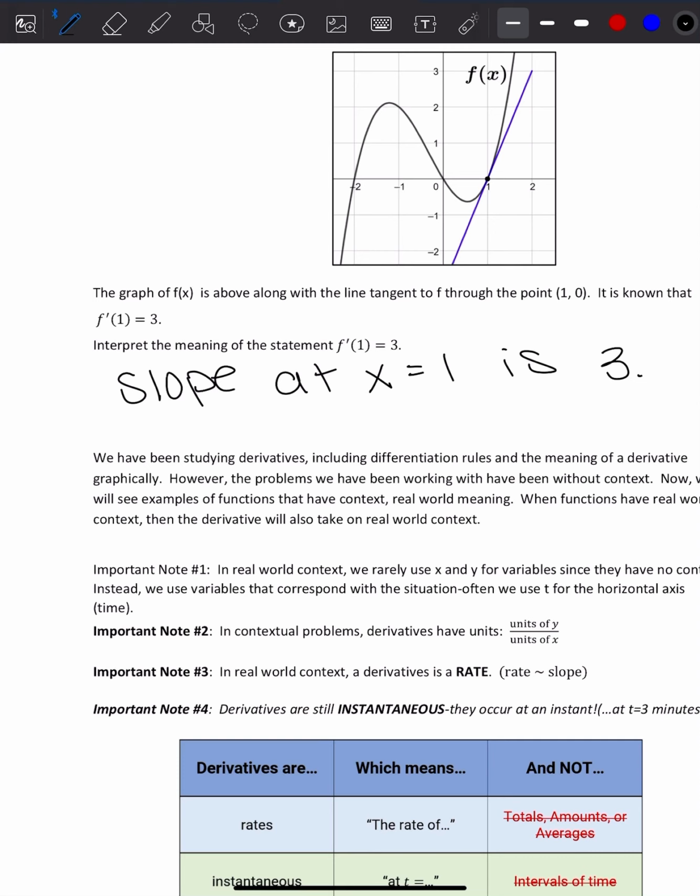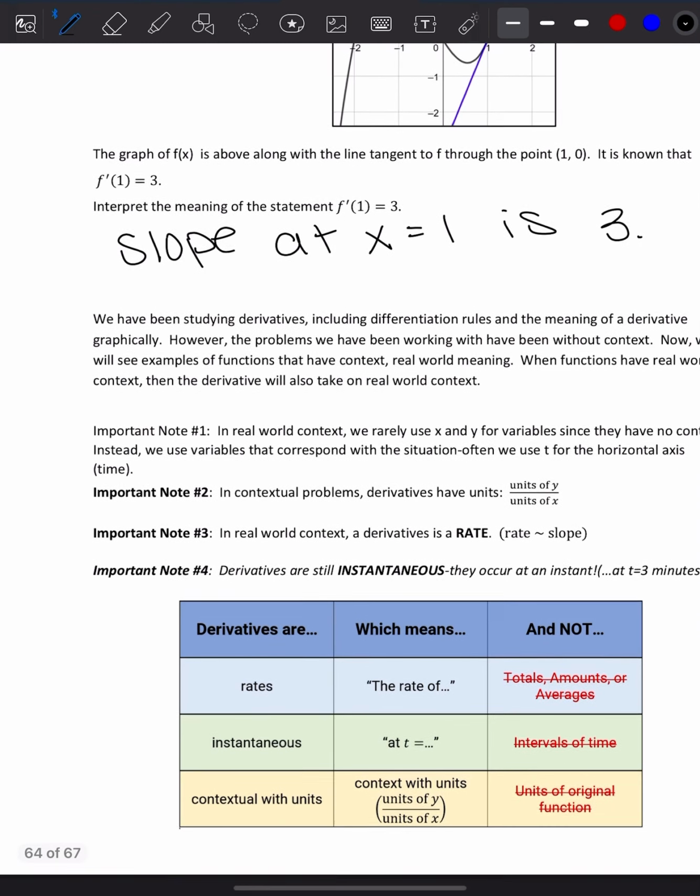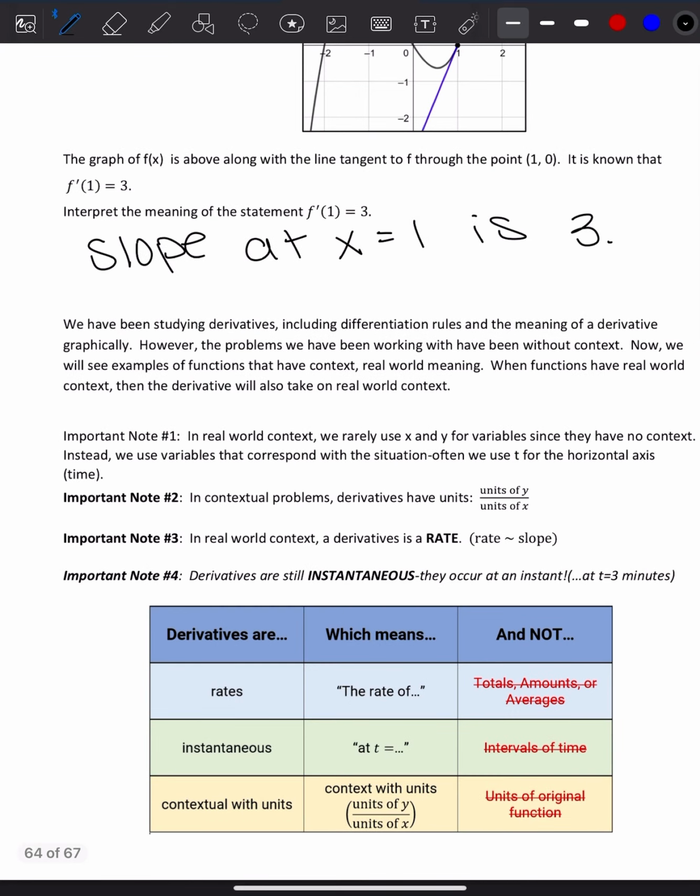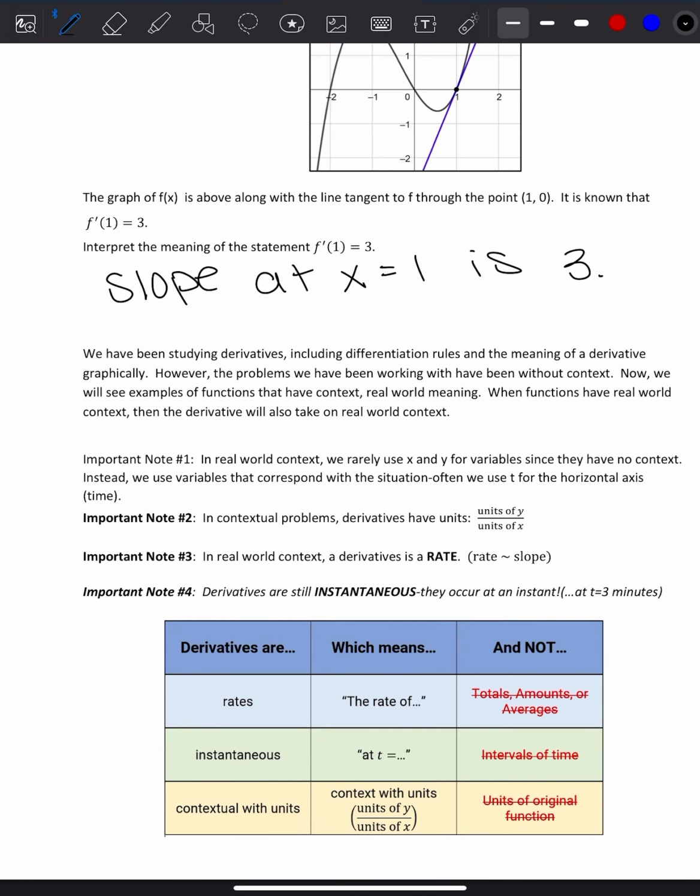So we're going to be talking about things in context. And with context becomes units. So we need to kind of talk about units. A lot of the times when we are talking about rates or derivatives, they are talking about the rate over an amount of time, or a unit of x. So derivatives are rates, so the rate of something.